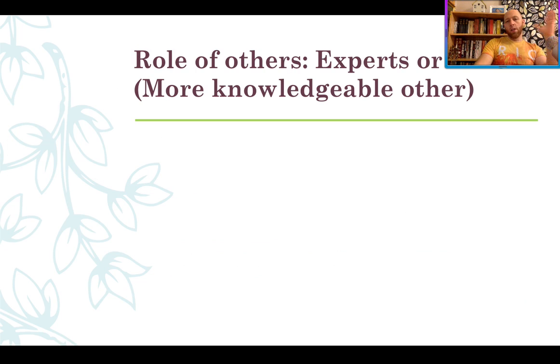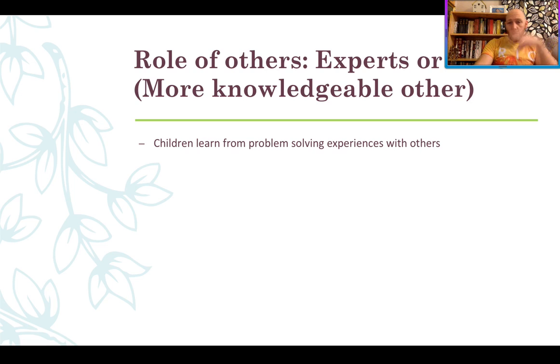Okay, so the role of others. If culture is really important, another factor in the social development model is that the role of other people in our intellectual development is also really important. So they highlight these more knowledgeable others, or what we would refer to as experts.